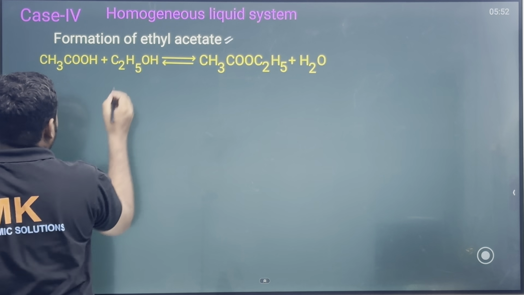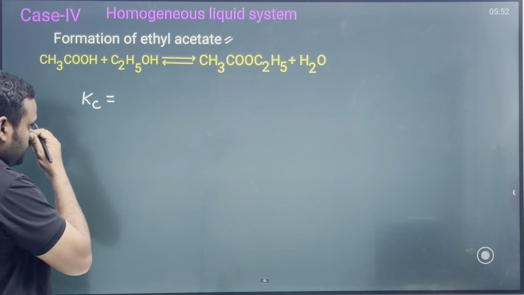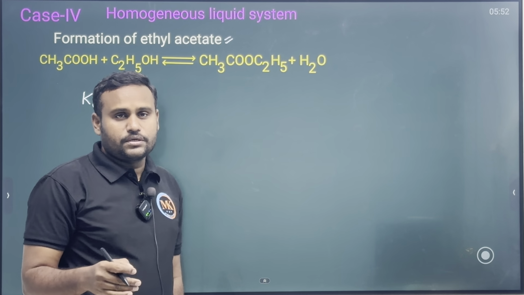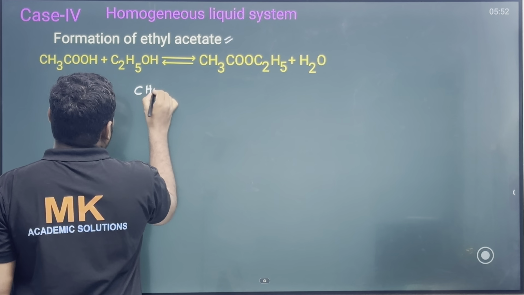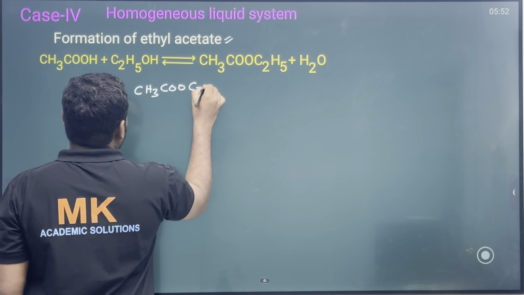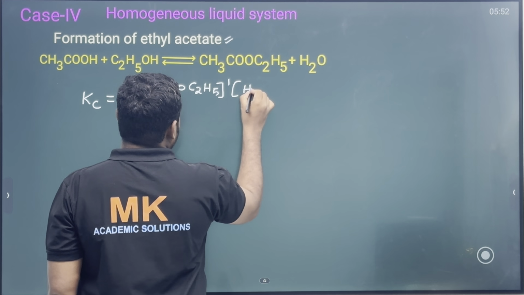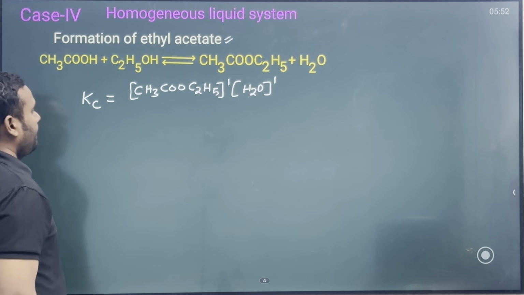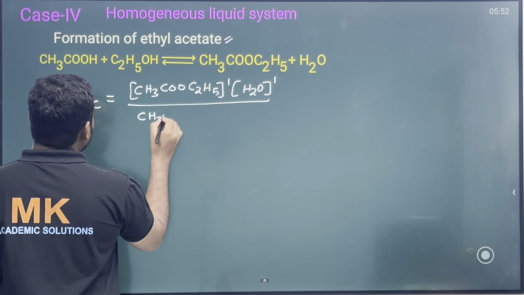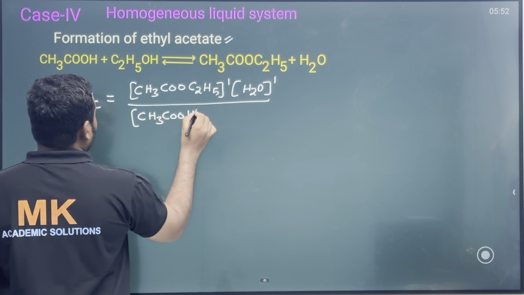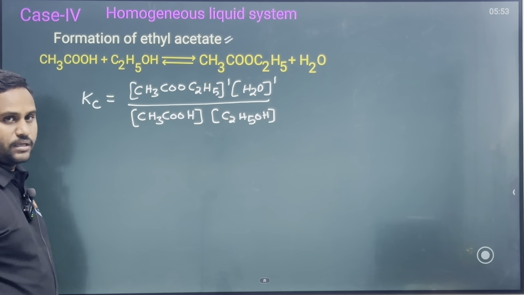Kc is simply the concentration of products over the concentration of reactants, raised to their stoichiometric coefficients. So Kc is equal to [CH3COOC2H5] power 1 into [H2O] power 1, divided by [CH3COOH] and [C2H5OH]. So this is the way of expressing the equilibrium constant.